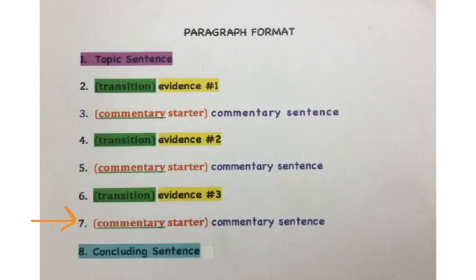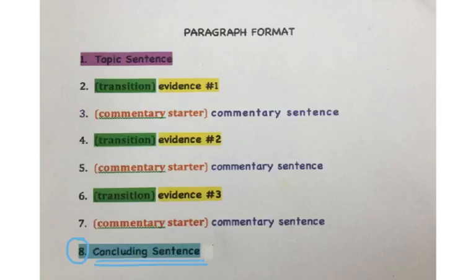You can see in sentence 7 that you will in fact choose a third commentary starter and then write your third commentary sentence. As you can see, your 8th sentence will complete your paragraph and will be your concluding sentence.